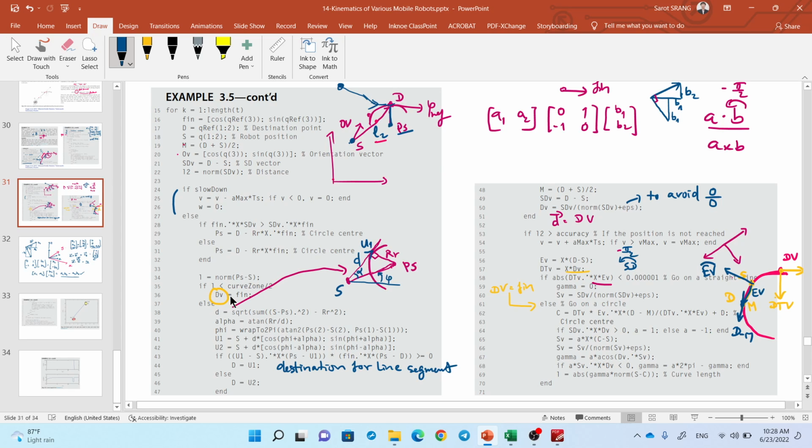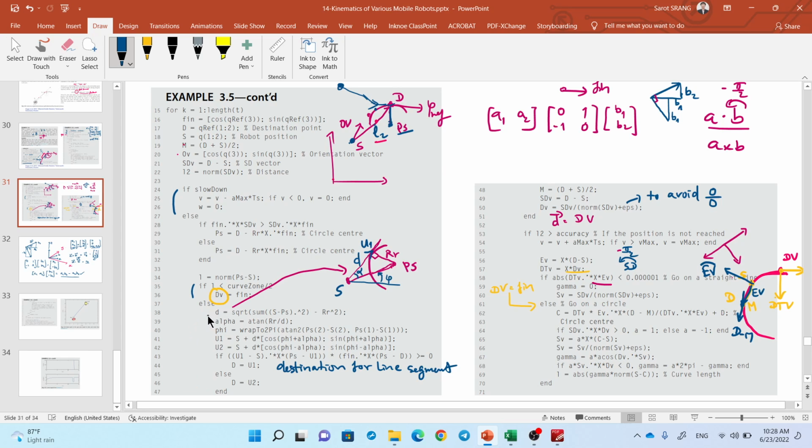If it is less than curve zone, from here to here, it means it falls into the case when the robot is on the circle itself. Even though the if condition is given like this, it happens after this, and the else happened before.